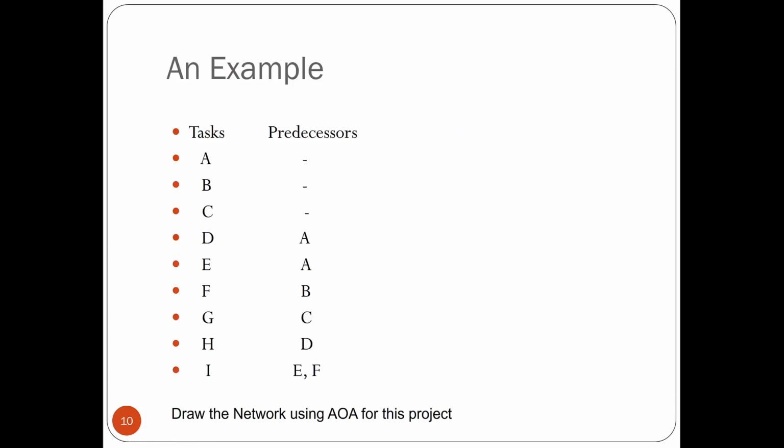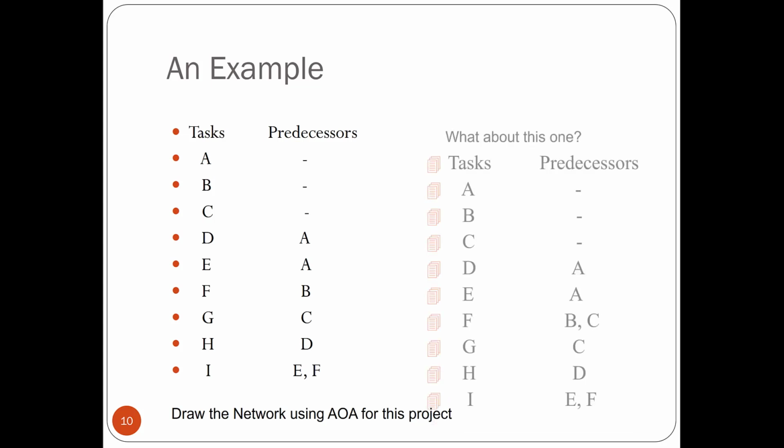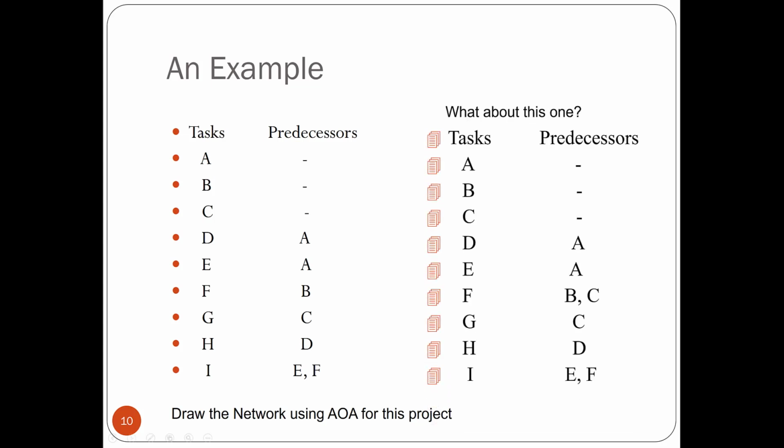Now let's look at another example here. This was the original project. And here, if we change the predecessor relationship for F, so instead of having B as its predecessor, now both B and C are the predecessors of F. How do we change the network to represent this?